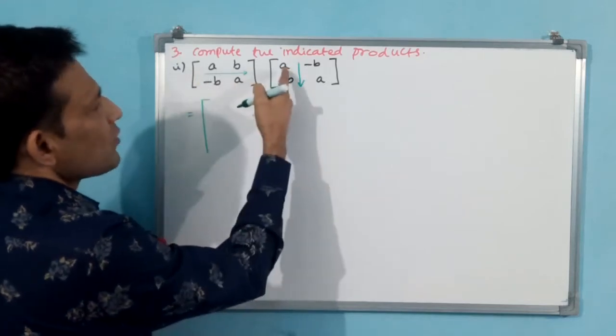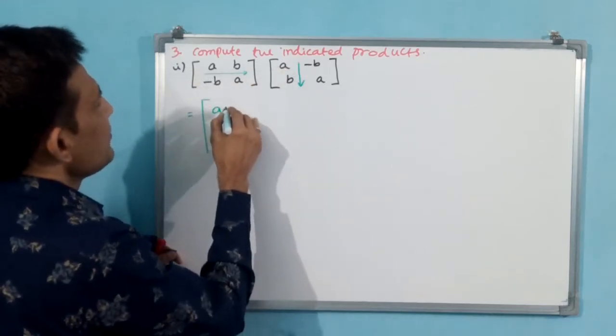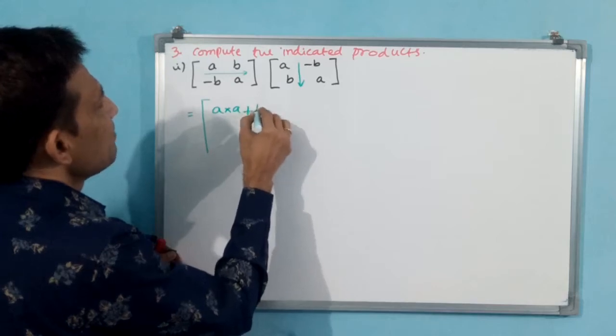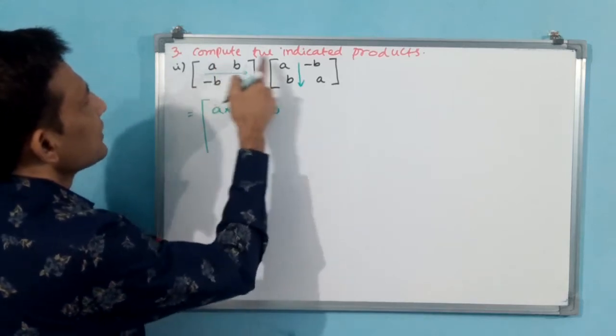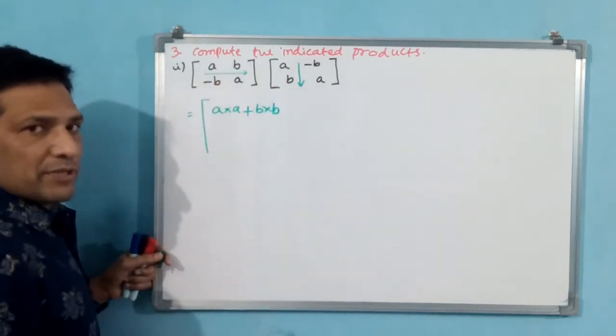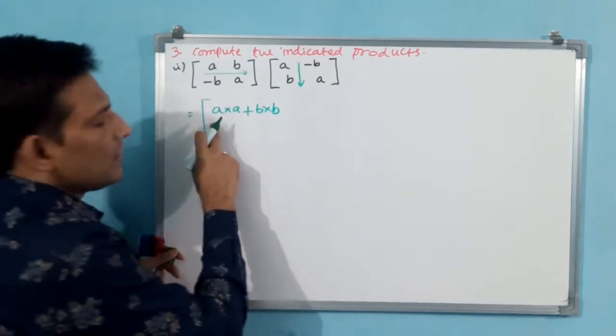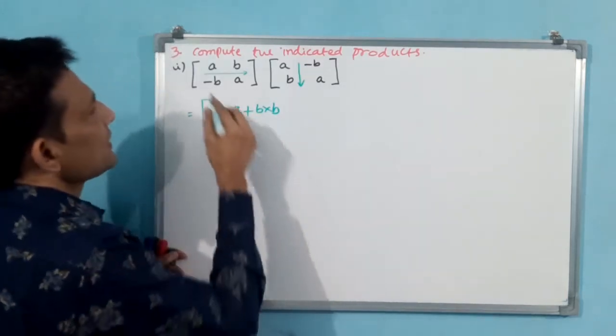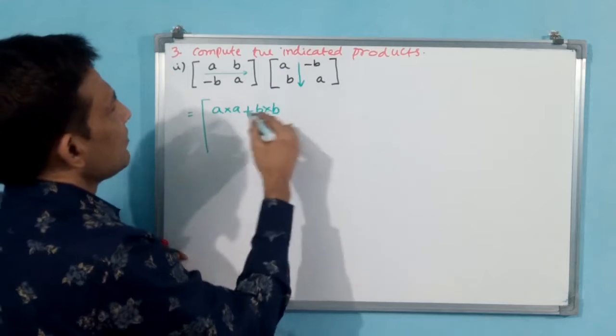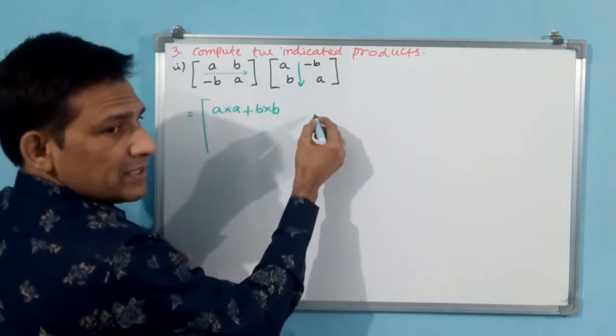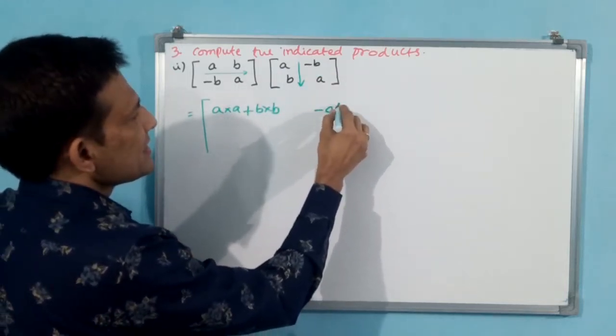First row, first column, you see A into A plus B into B. A into A plus B into B. This will come in first row, first column. Now next, first row but second column. A into minus B. Shall I write minus AB?